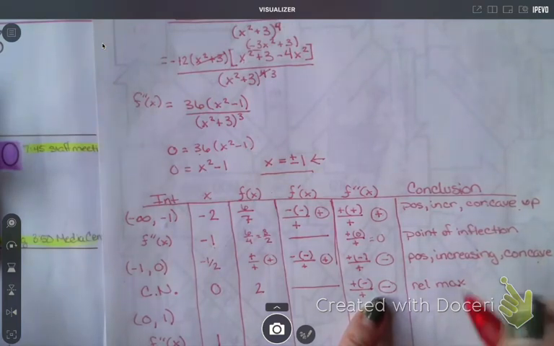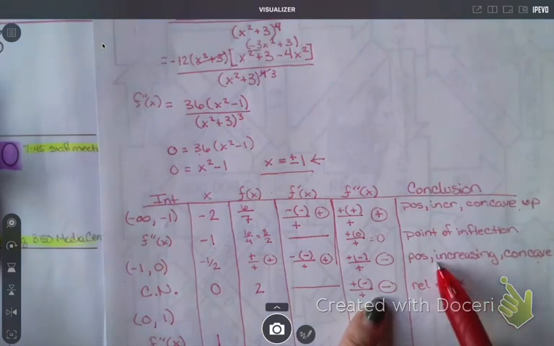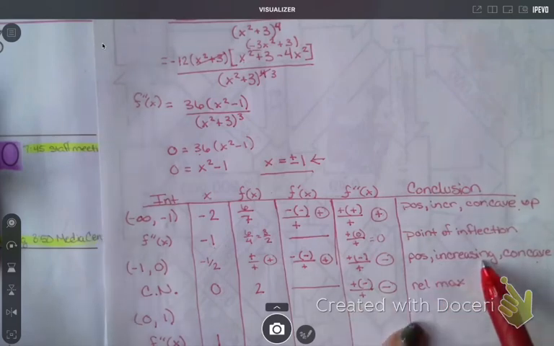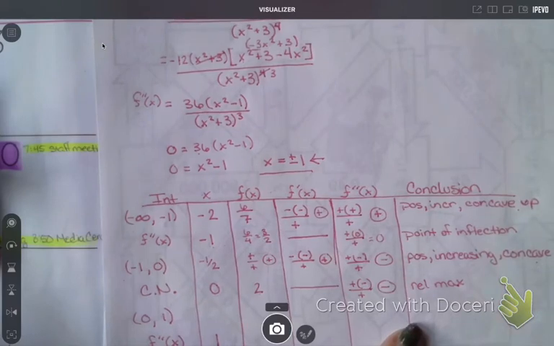Okay? It should be a relative maximum. So this means if this is increasing, my next interval better show that it's what? If it's increasing for it to be a max, it needs to then do what? Decrease. So my next one, if I don't get it decreasing, something went wrong, correct?